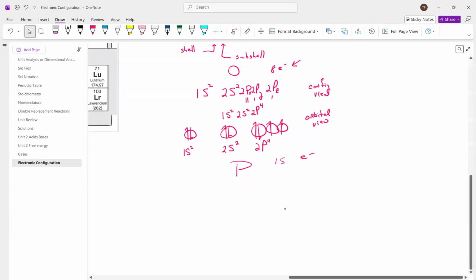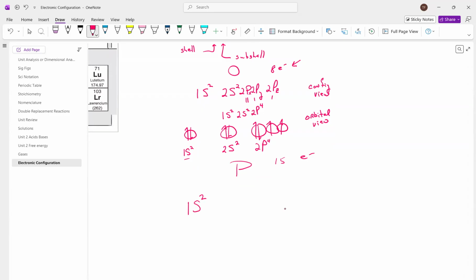So you're going to see a pattern here. And it's important to see the pattern. Notice we always start off with 1s. That means we have 13 more electrons to go. We're going to go 2s. And the S's and P's are both in shell number 2. How many total can we have in P?